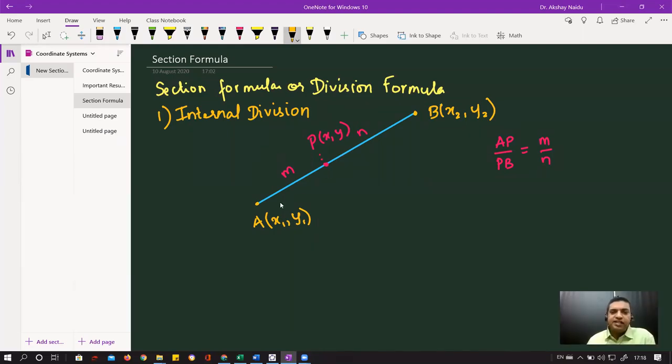So P divides A and B in the ratio m:n internally.